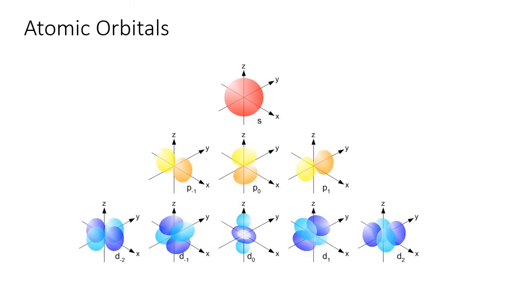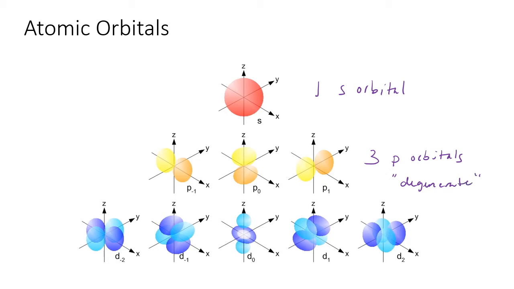The m sub L, or the orientation, will tell you how many specific orbitals of that type live within a given subshell. So in any s subshell, there's always only going to be one s orbital. In a given p subshell, there will always be 3 p orbitals, and they're said to be degenerate, which means that they're all of equal energy.